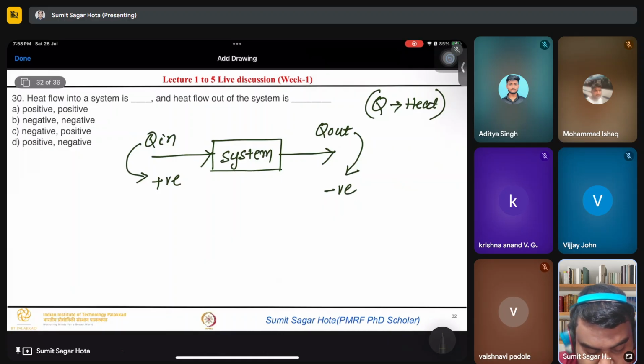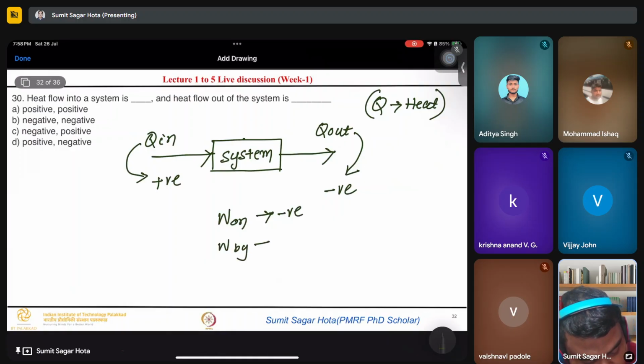Similarly, if in place of work it will be there, if I write it down like this: work done on the system is always negative, work done by the system is always positive.